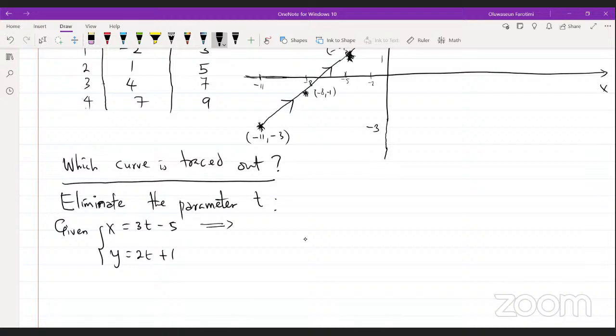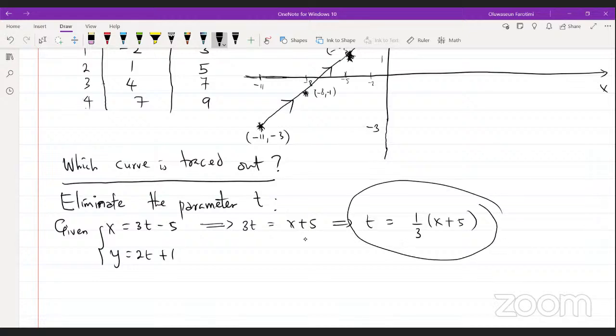I just have to make t the subject of the formula. So you have 3t equals x plus 5, so my t is actually going to be 1/3 of x plus 5. Now remember, when you eliminate the parameter t, you don't want t anymore. You just need one equation of only x and y. So I can plug this t in here.